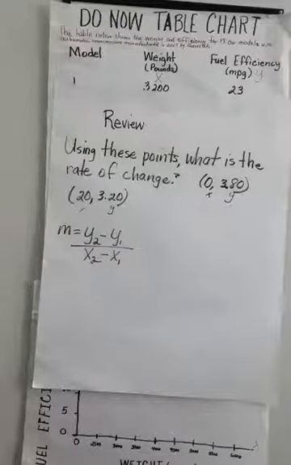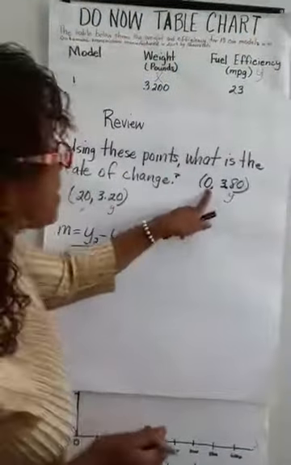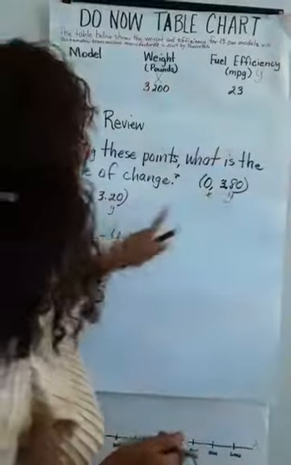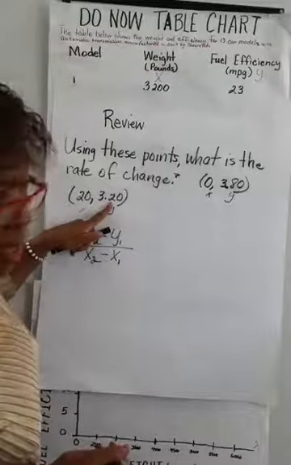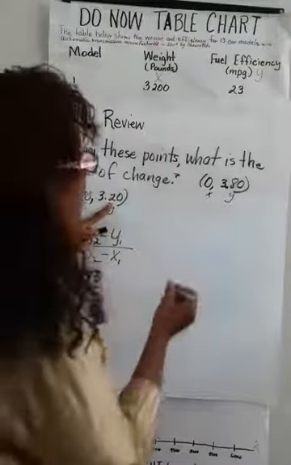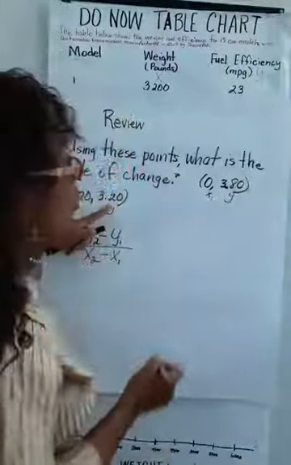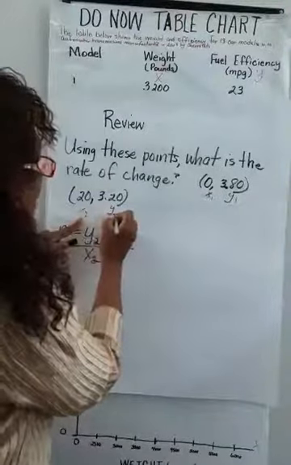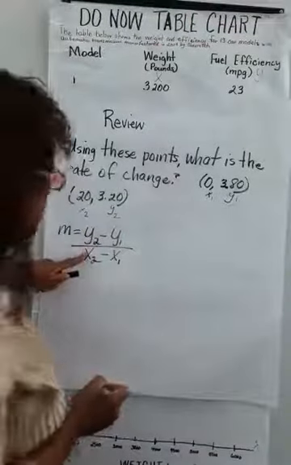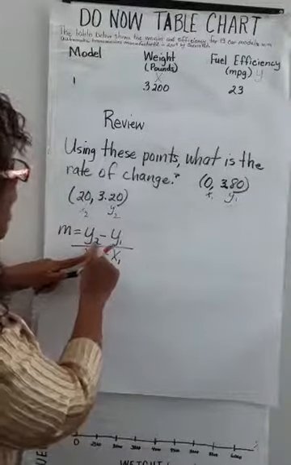So what you do, you look at your ordered pairs and you just plug in your information. For example, if I know this is 0 and this is 3.80, I know this is 20 and this is $3.20. I know this is x sub 1, y sub 1. I know this is x sub 2, y sub 2. So what I do here, I just plug this information into the formula. So now I know y sub 2, I go up here and get its value.